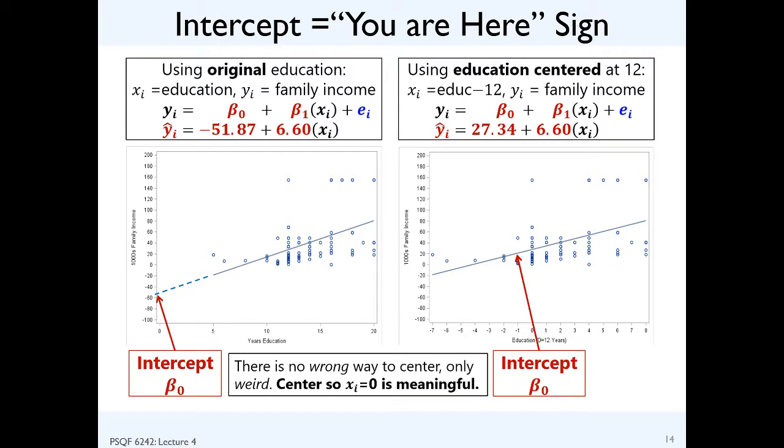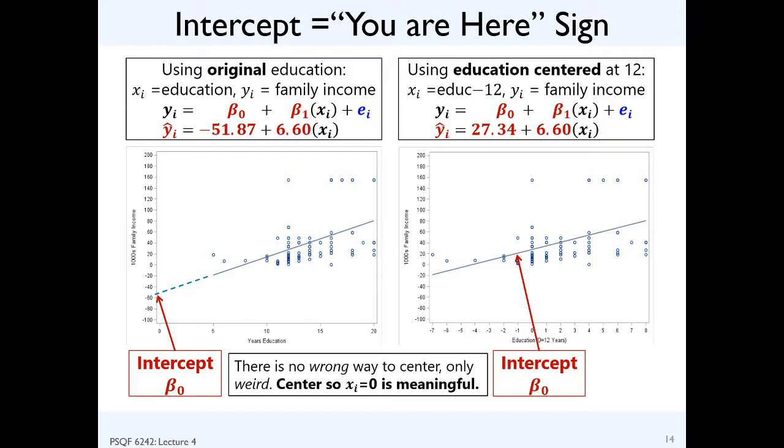So you can think of the previous variable, original education, as being uncentered, or centered at 0. I have changed it so that the variable that goes into my model is education minus 12. By subtracting 12 from everybody's education, 0 is the new 12.